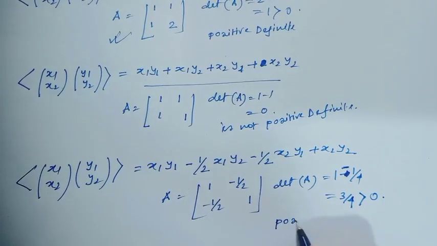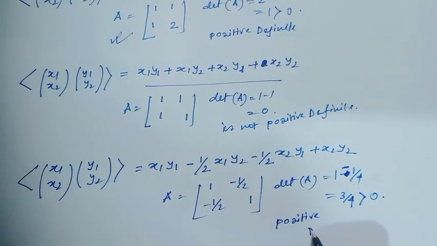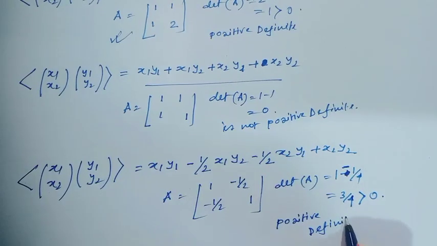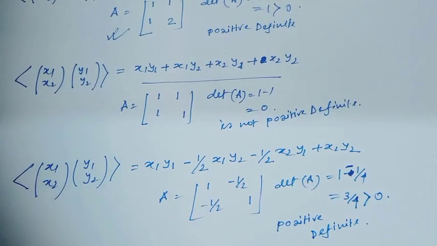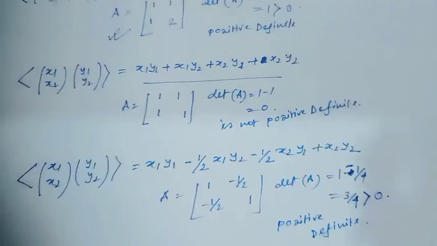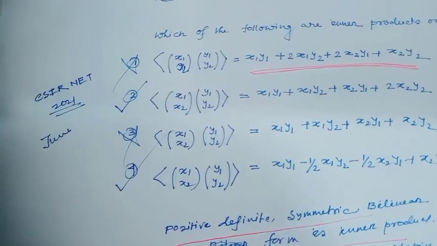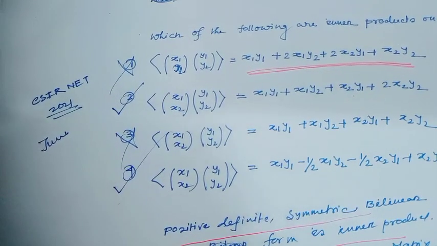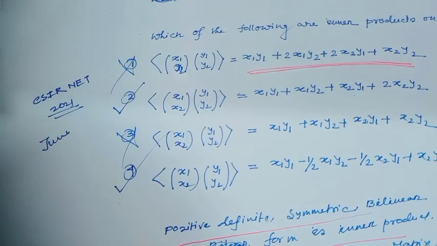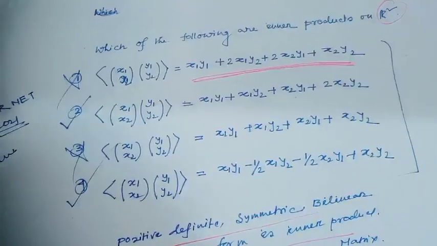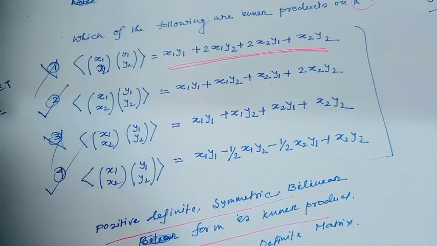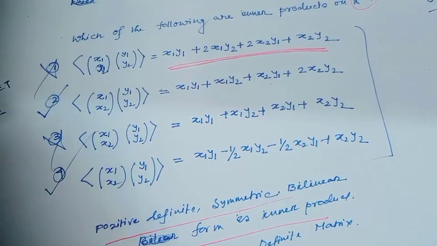So this matrix is positive definite, and since it is positive definite, obviously this is an example of an inner product. So option 4 is the right option. I hope all my viewers have understood this question. This is a basic question which had come in the CSIR NET 2021 June exam. This is very basic knowledge, and all my viewers have understood this question easily.